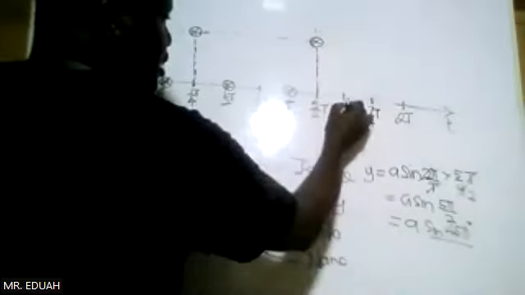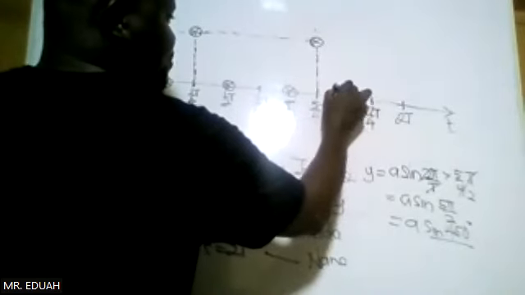The displacement is 0. Yes, the displacement is 0. So this time goes with a displacement of 0. Hilda, the displacement at the time 7/4 of the period. It's minus A.